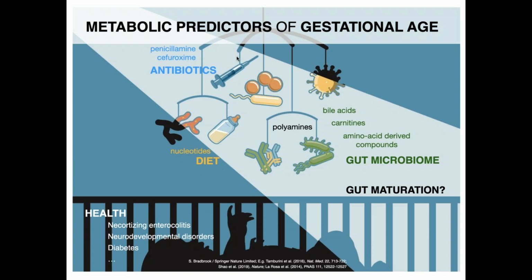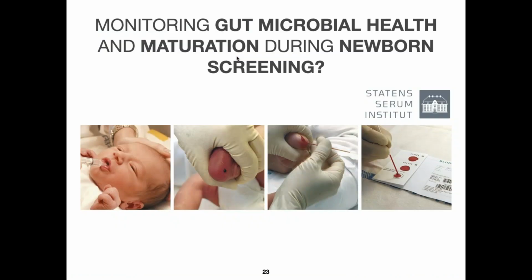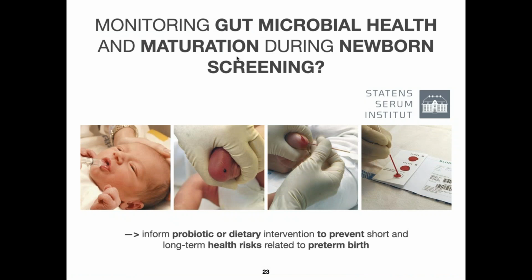And so as we can observe all of these metabolites in our dried neonatal blood spots, a very nice outcome of our study, although of course in a very more distant future, could be if we could use these dried blood spots to screen for those metabolites, and with that, for example, inform probiotic or dietary intervention to eventually prevent short as well as long-term health risks related to preterm birth.